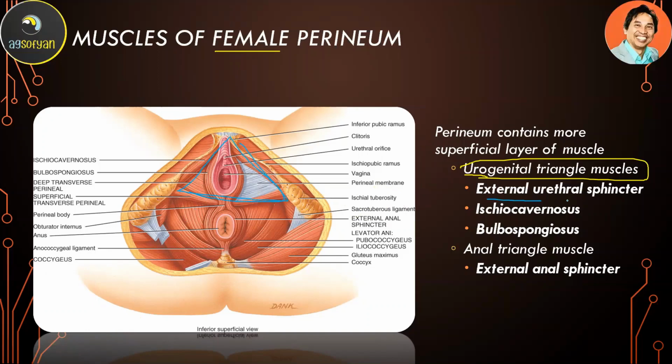The first one, the external urethral sphincter, is actually here. You cannot really see it. The sphincter muscle closes and opens the urethra when the female urinates. It's controlled by this external urethral sphincter muscle.